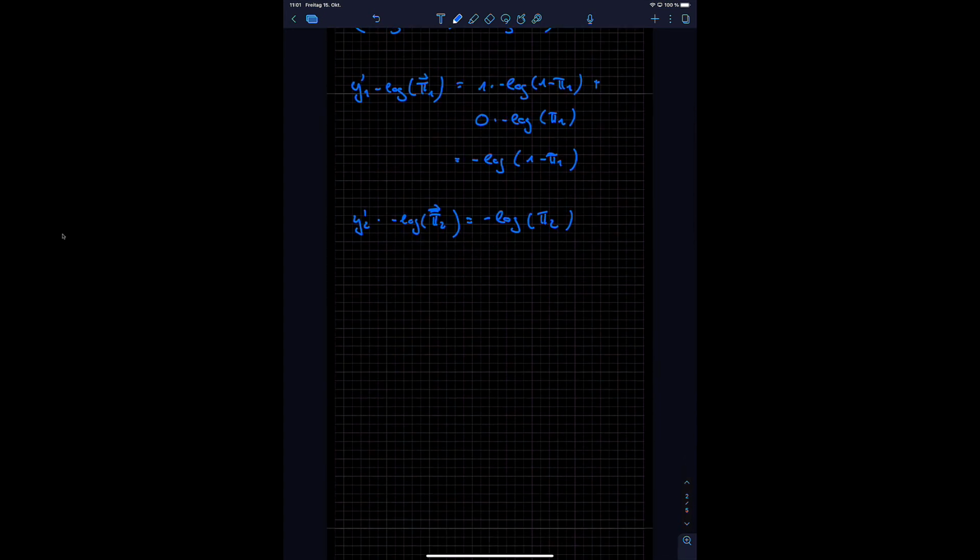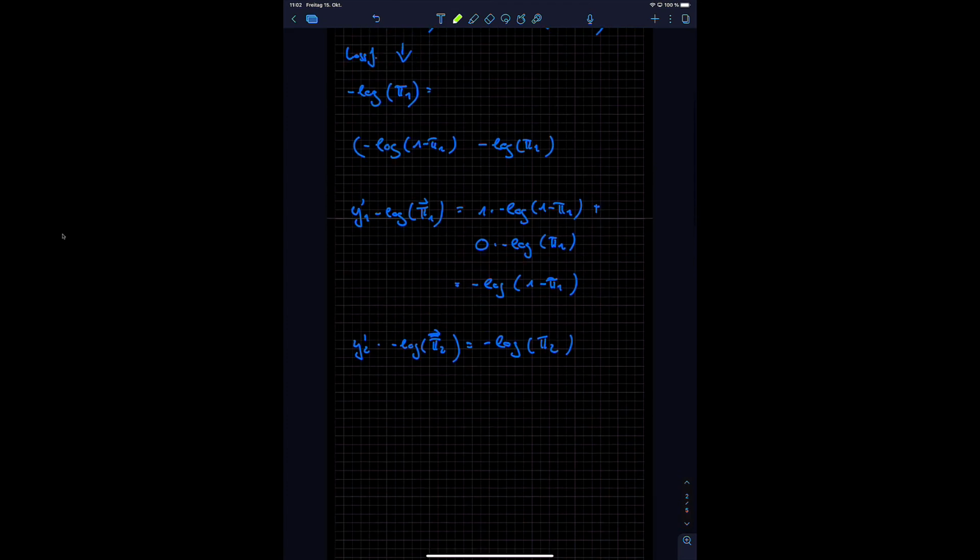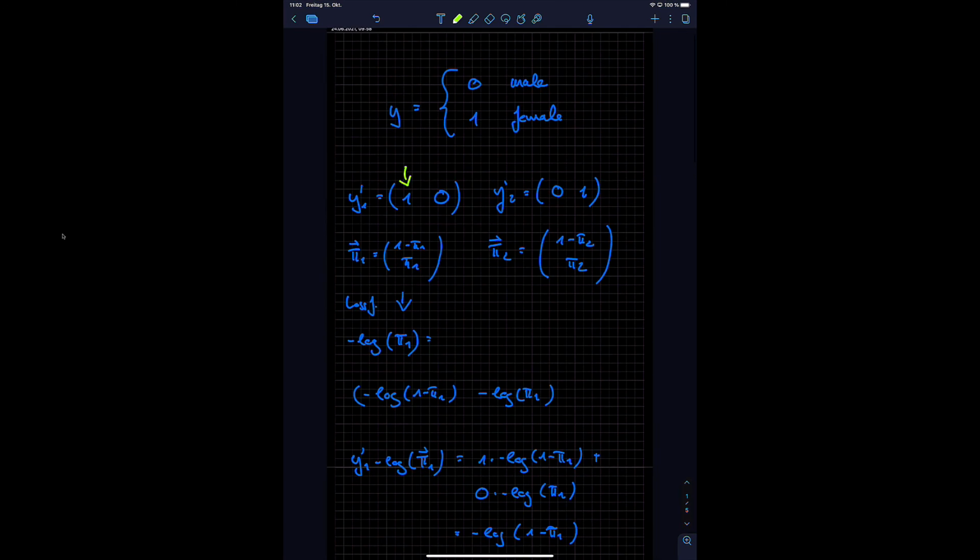So this should show you that the way how we define it, so like using this one-hot encoding and this vector notation that we use here, it's kind of an elegant way, I would say, that we only keep the loss values for the actual categories of the target variable. So in our example here, the first observation is actually a male person, and the second observation is actually a female person.